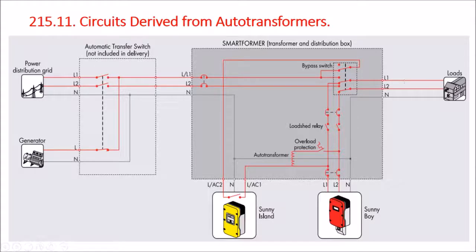What we're talking about in this case, when they refer to a grounded conductor, is this neutral wire. So we see this neutral wire that is connecting to the Sunny Island, to the neutral of the Sunny Boy, to the neutral coming in from the electric grid, maybe even from the neutral of this generator.